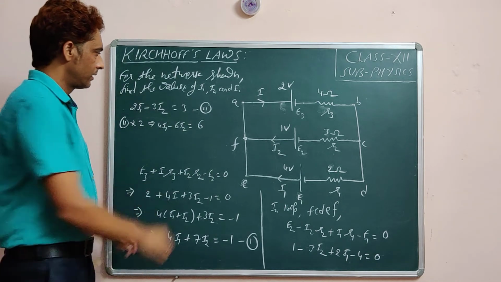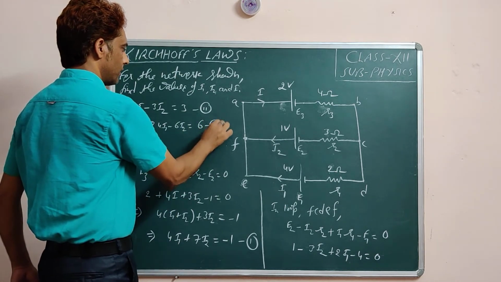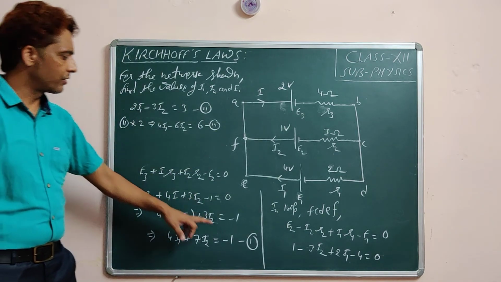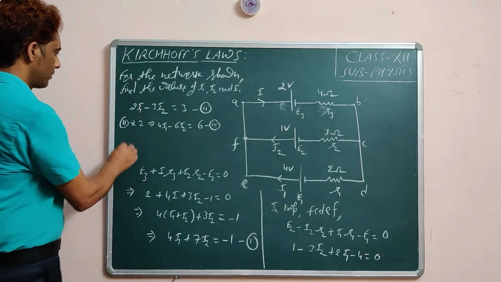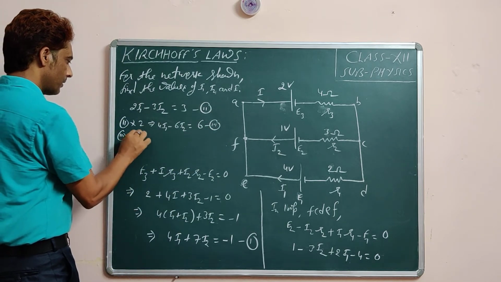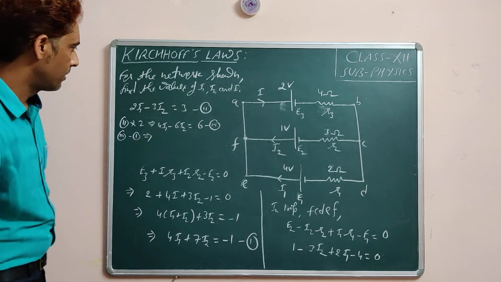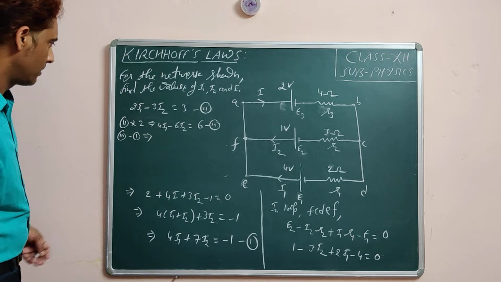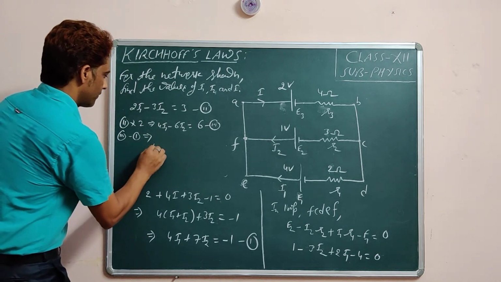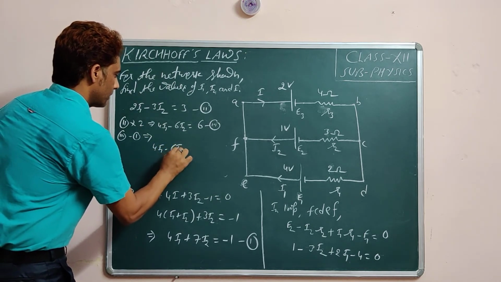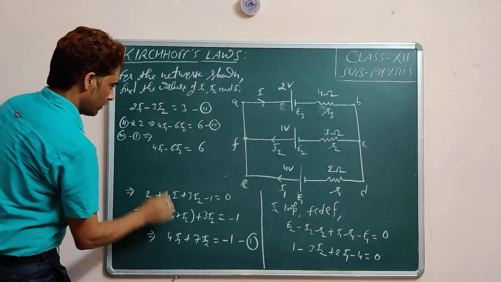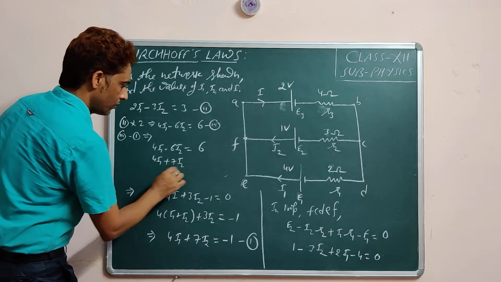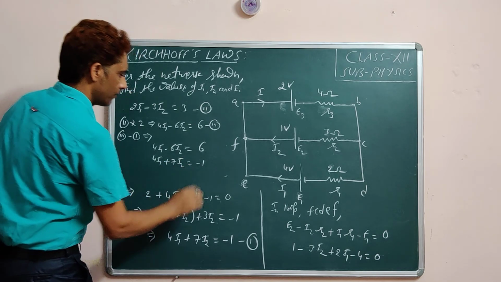Then I will subtract equation 1 from 3: 4I1 minus 6I2 equal to 6, 4I1 plus 7I2 equal to minus 1.